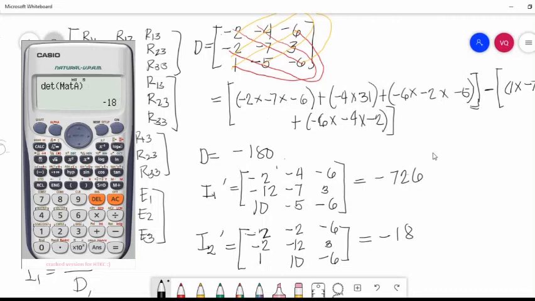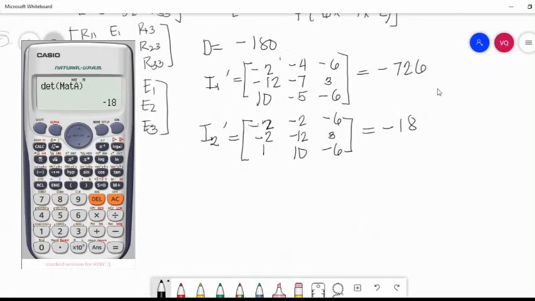Let's try I3 prime. So I3 prime is equal to first column the same, -2, -2 and 1. Second column same again, -4, -7, -5, and third column is the constants, -2, -12, and 10.